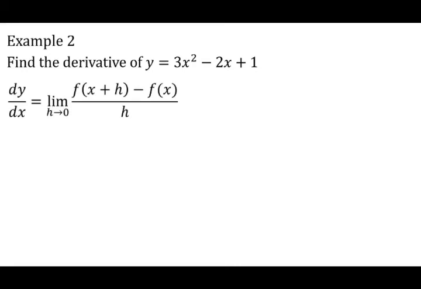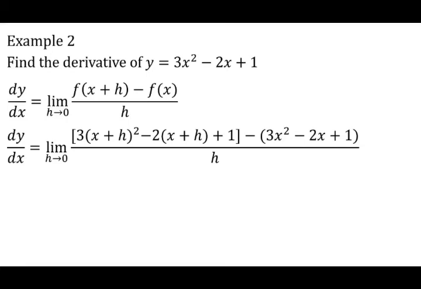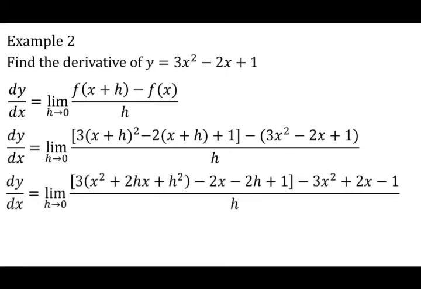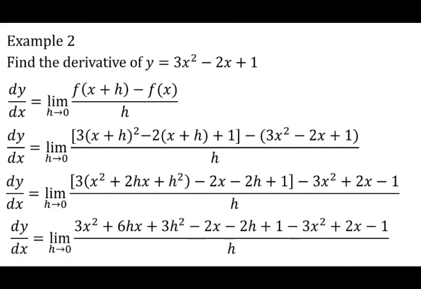The first thing to do is add an h. Is that what you did? Next, square the x plus h, or expand the x plus h squared, then distribute the minus 2 to the x plus h. That becomes x squared plus 2xh plus h squared. And then distribute the 3. For those who got lost, continue that. Put together the like terms, then cancel them. Continue that, okay?